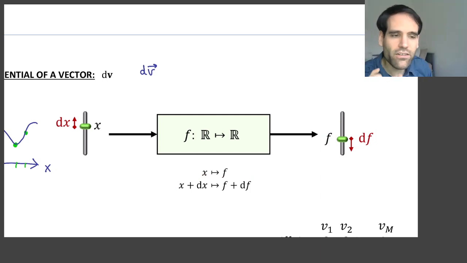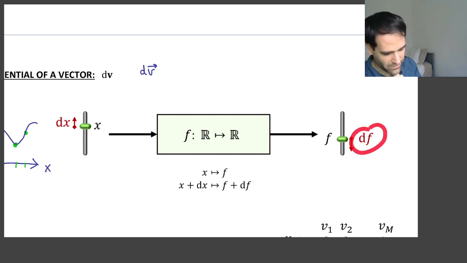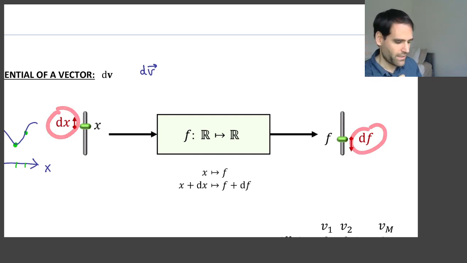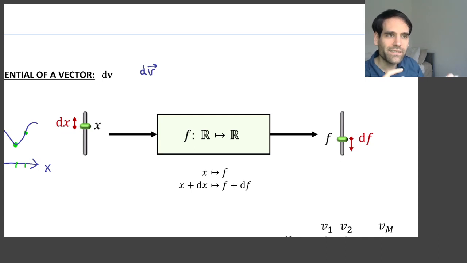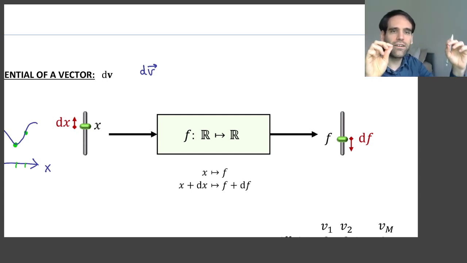And the key concept of defining a derivative, df over dx, is that this df divided by dx becomes constant when dx is very small. In other words, df at some point becomes proportional to dx. So as long as dx is very small, if I move dx by a little bit, df will move by another little bit. If I move dx by twice as much, df will move by twice as much.